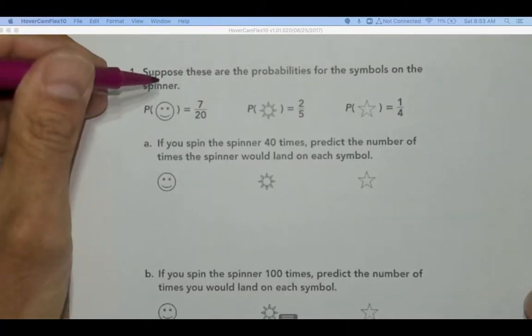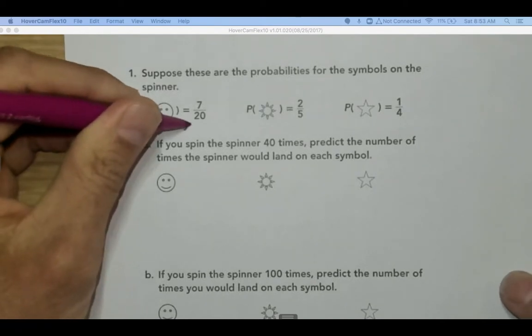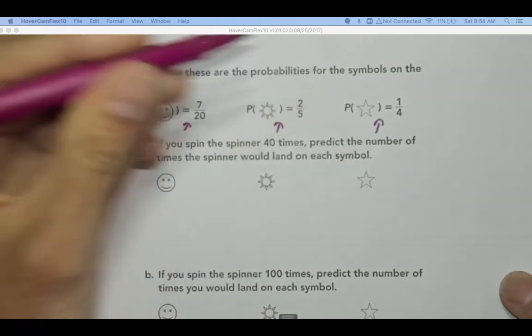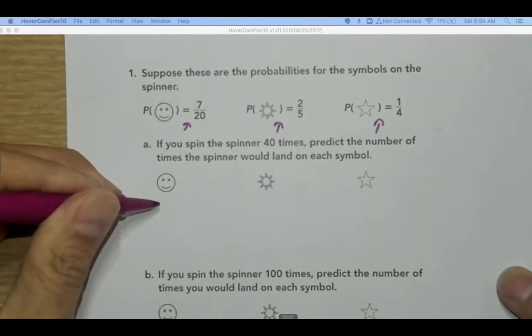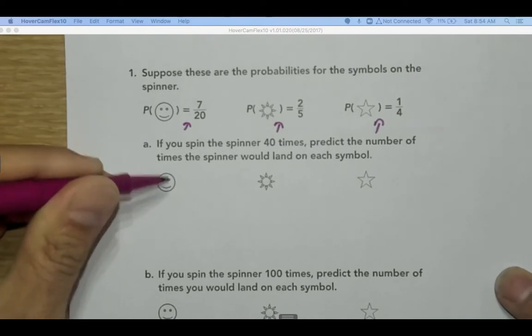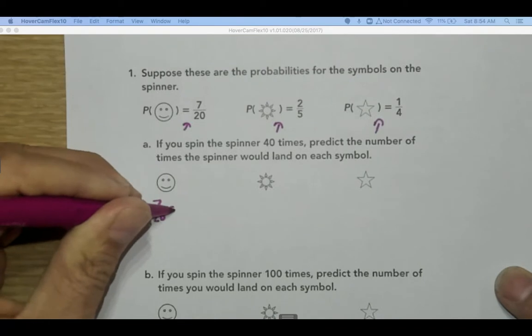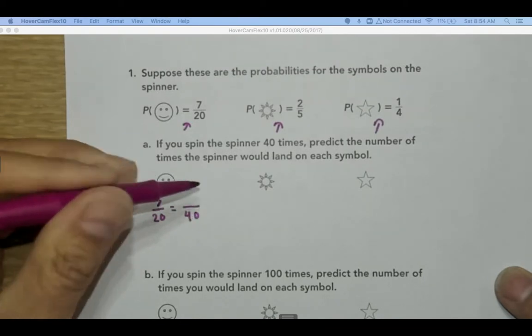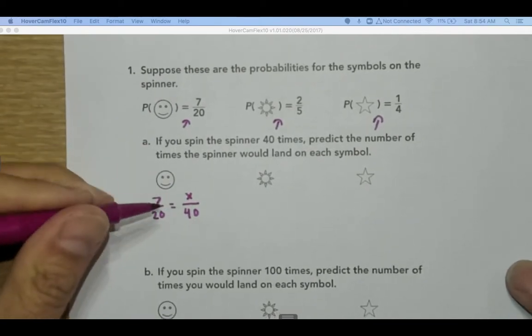So suppose these are the probabilities for the symbols on the spinner. So the smiley face, the sun, and the star. If you spin the spinner 40 times, predict the number of times the spinner would land on each symbol. So if the probability was 7 to 20, and we're seeing what would happen if we did 40 times, we're trying to figure out how many times it would land on the smiley face.